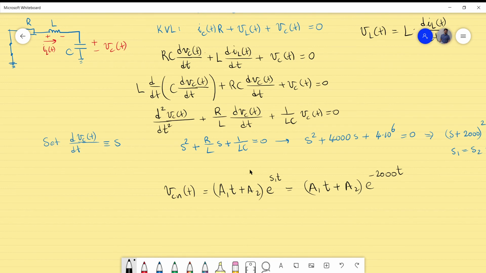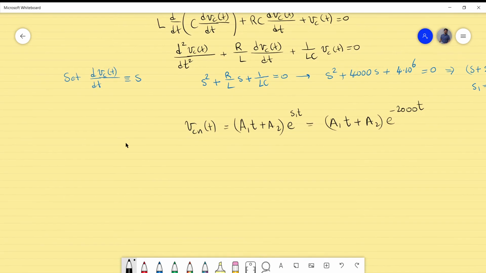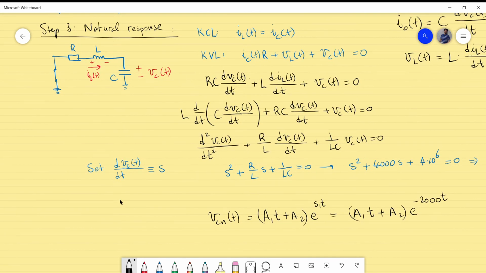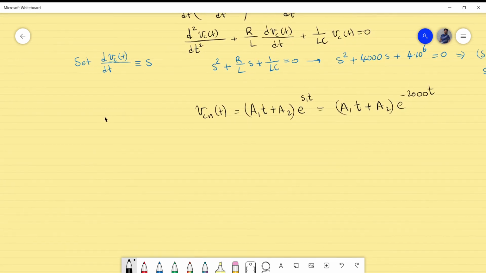Okay, the next step is the total response. Step 4, total response. So let's move on to total response. What is the total response?